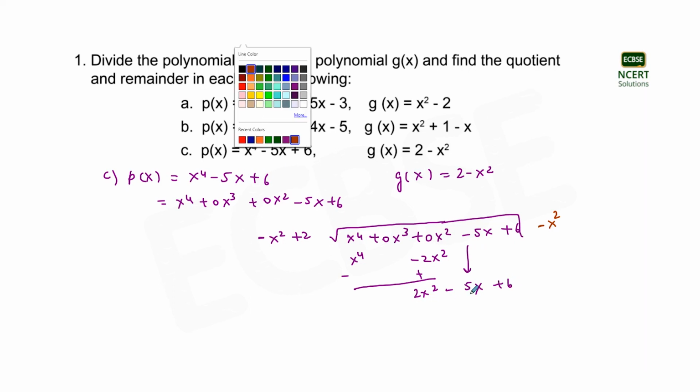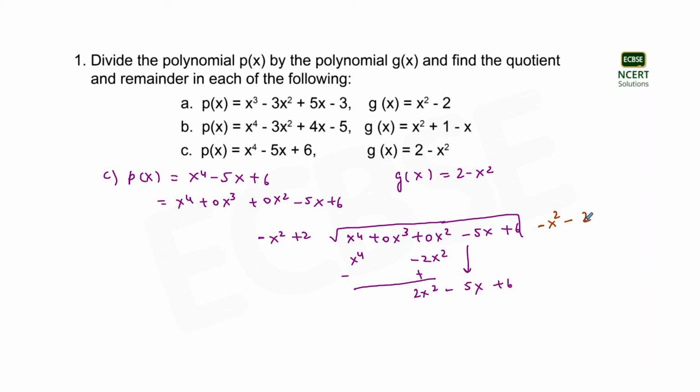Again dividing the first term of the dividend with the divisor, we get minus 2, and then multiplying it with the divisor, 2x square minus 4. Subtracting them, here we will obtain minus 5x plus 10.